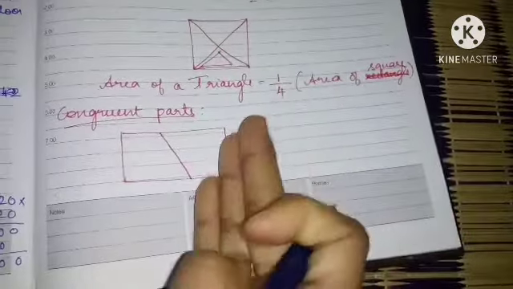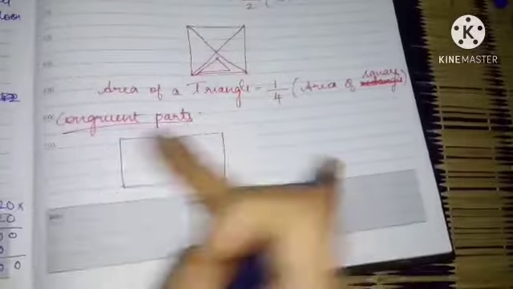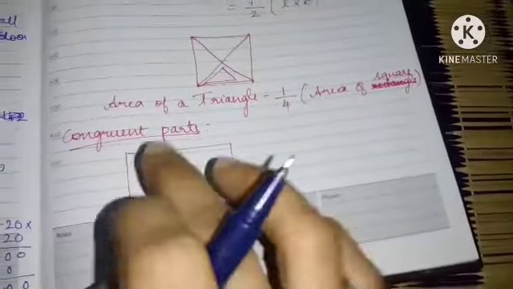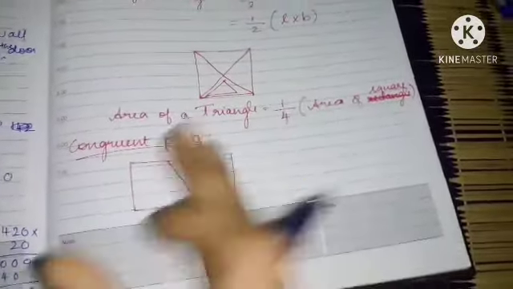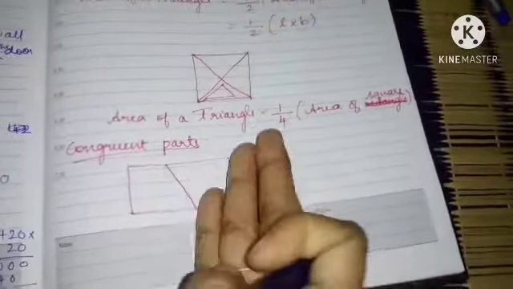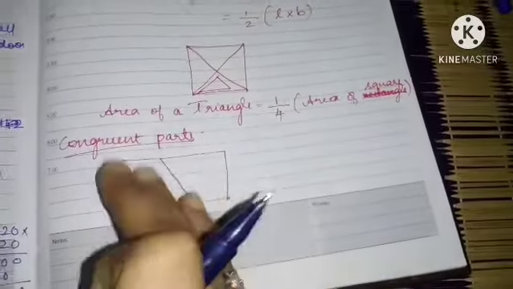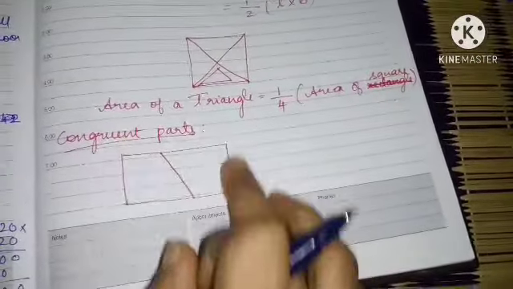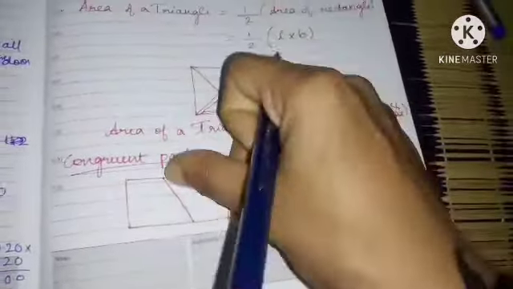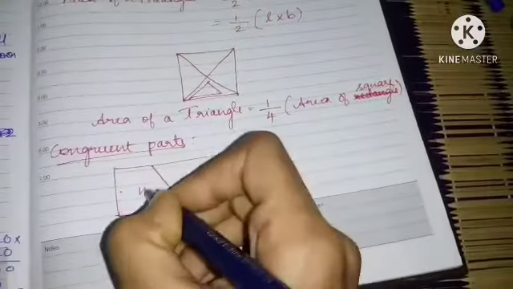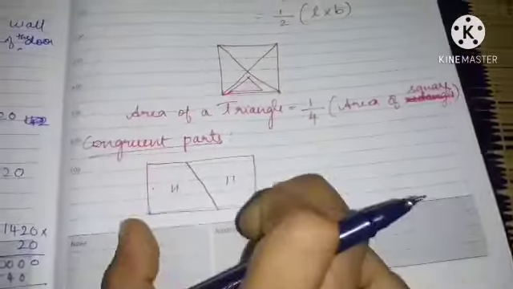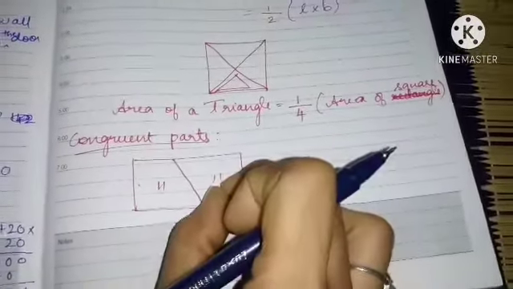When you trace the rectangle on another paper, it will be the same. When you fold it, you should get the same image. So if I fold like this, this shape will come here, this will come here, and it will automatically fit. So this side is congruent to the other side. I have separated this rectangle into 2 congruent parts.